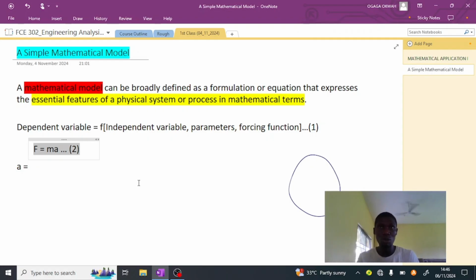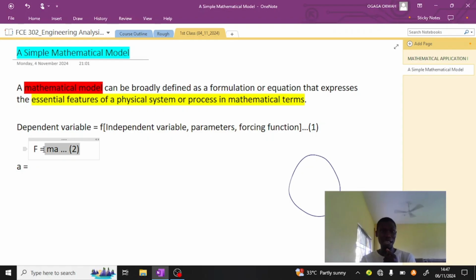To determine the system behavior, it has to happen within a given period of time, and of course space. That dimension, time and space, is the independent variable. Those are the independent variables, especially time.